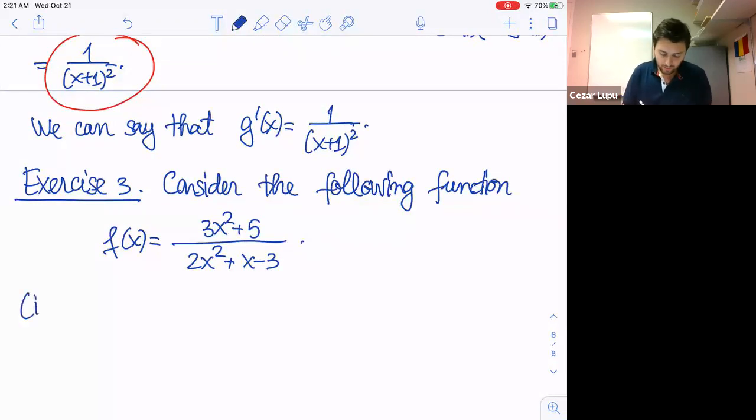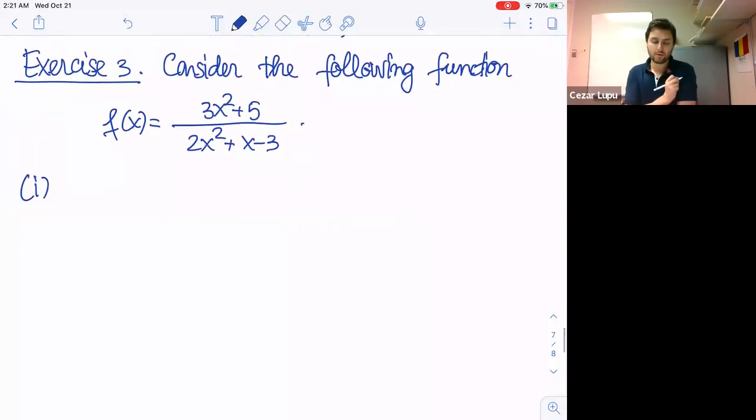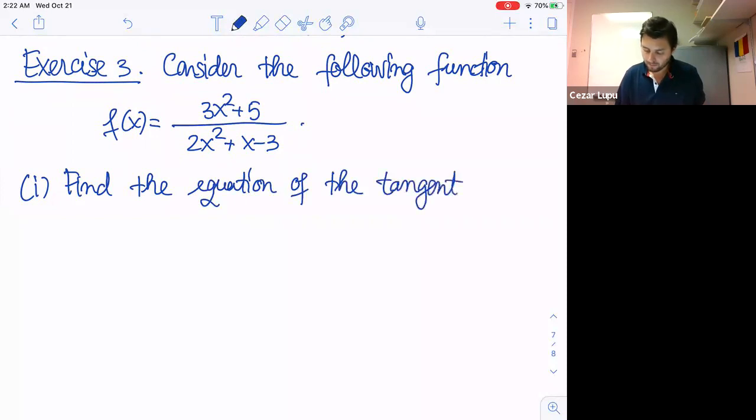So the first thing that we're asked to do is to find the equation of the tangent line at x equals -1.